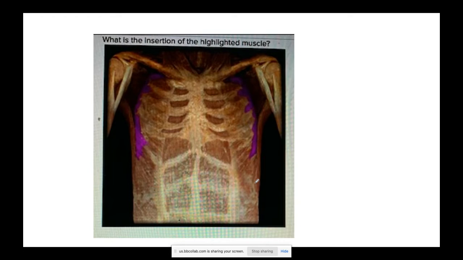And the muscle is originating on the upper 6 ribs, but the insertion is on the scapula, on the vertebral border. So when this muscle is weak, the vertebral border wings away from the rib cage on the back. They call it winging of the scapula.